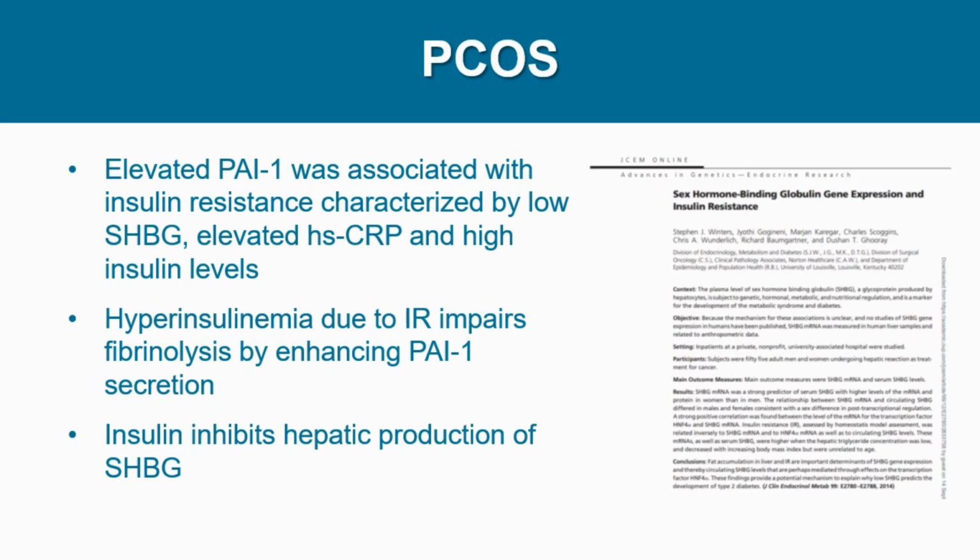But the big thing is low levels of sex hormone binding globulin and high insulin were seen alongside high PAI-1, which makes these people more prone to hypercoagulation, because the high insulin, due to insulin resistance, can impair fibrinolysis and can enhance PAI-1 secretion.